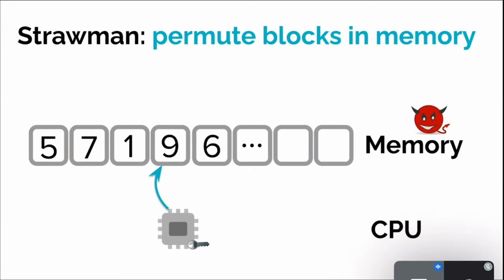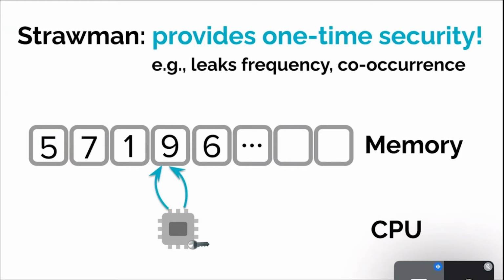And again, as I mentioned, the most naive idea is let's just permute all the memory blocks at random. So this does give us something, because every time we want to access a block, we'll just go to a random location. But the problem with this approach is that, let's say I want to access logical address 9, but then I make an access to the same logical block.